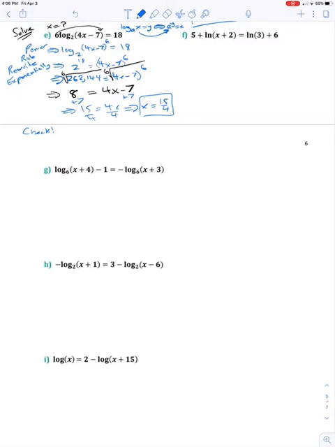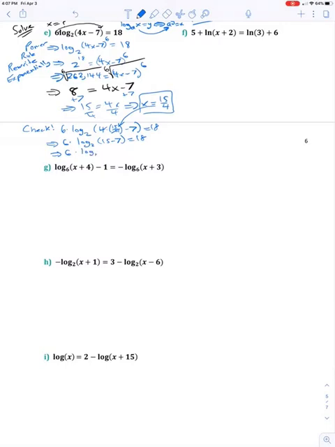So again, I'm going to plug in my answer here real quick just to show you that work. 4 times x. So as we plug in x here, we got 15/4 minus 7, supposed to equal 18. Well, as we simplify that, that's log base 2. 4's cancel out, and that's 15 minus 7, which is 6 times log base 2 of 8.